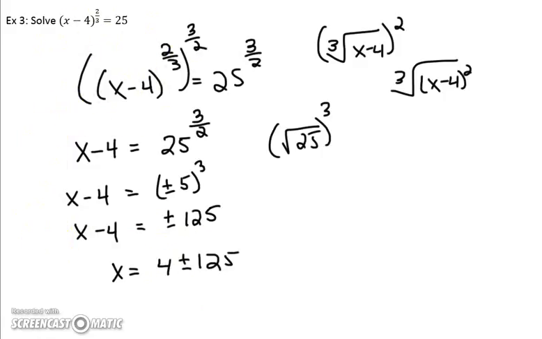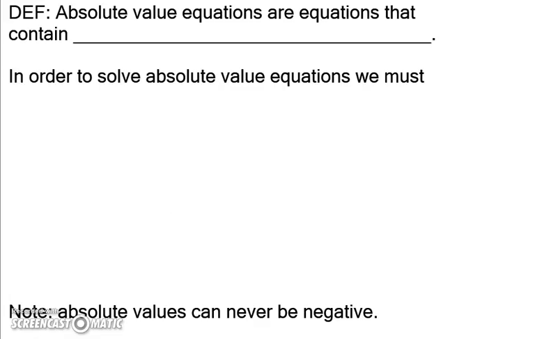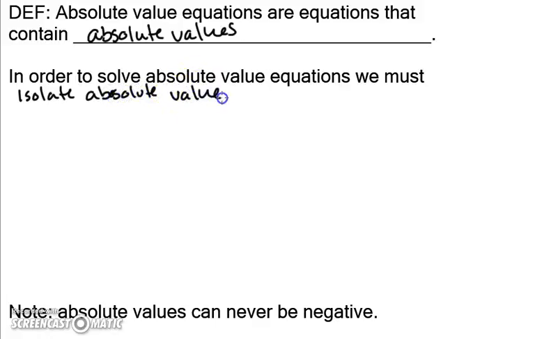The last type of problem that we might come across for now is going to be absolute value equations. And again, mind-blowing here, but absolute value equations are equations that contain absolute values. Now, if we're going to solve absolute value equations, what we're going to need to do is isolate the absolute value, and make two equations.